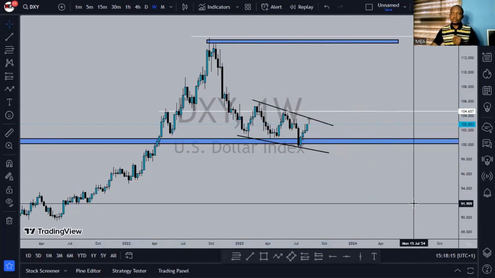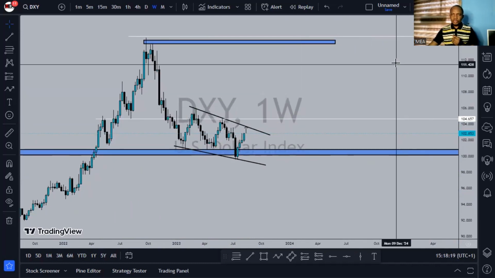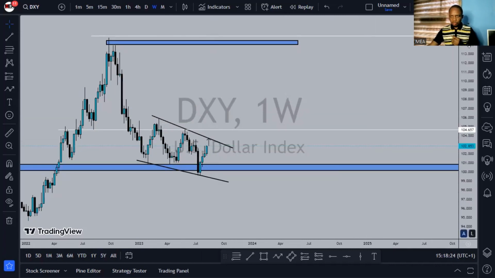Now I'm projecting what will happen in the future. Let's compare with this, now that we know where this market will get to. Let's see the alternation for Euro USD.